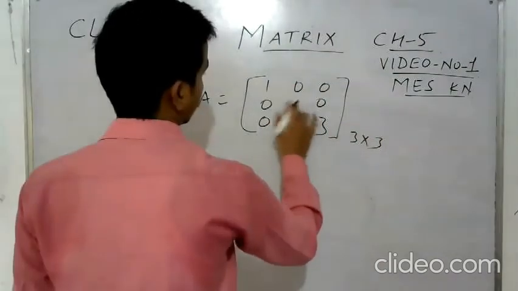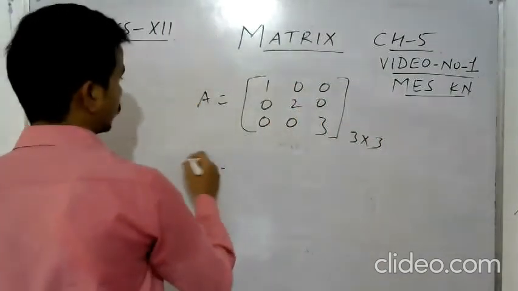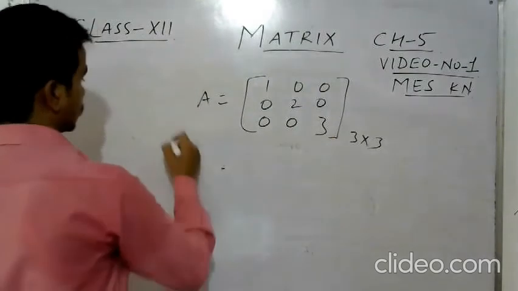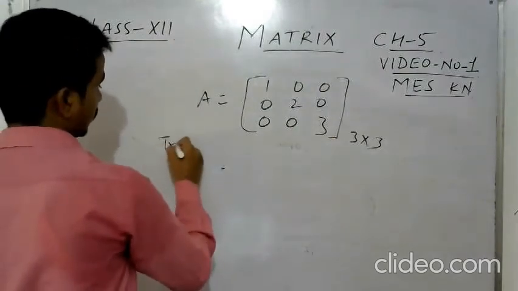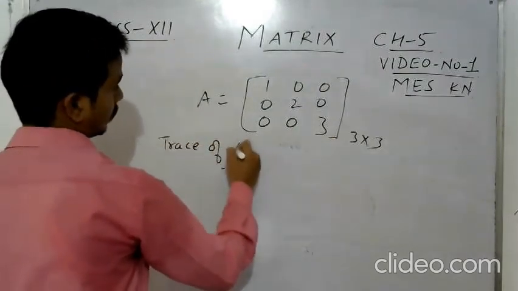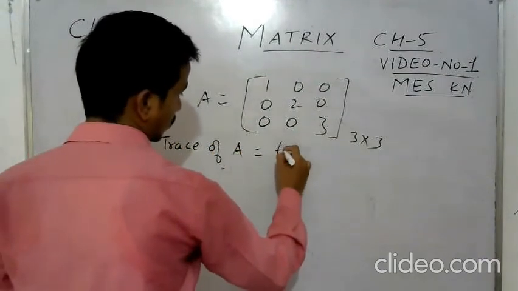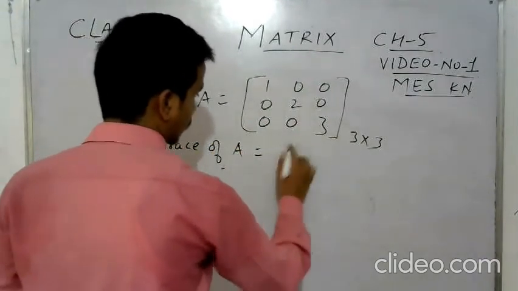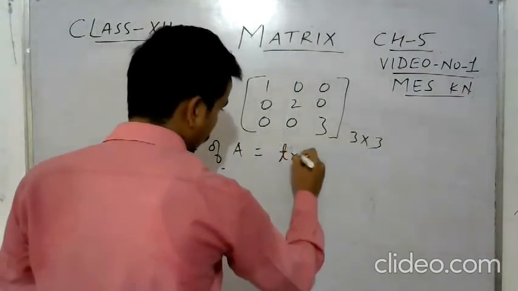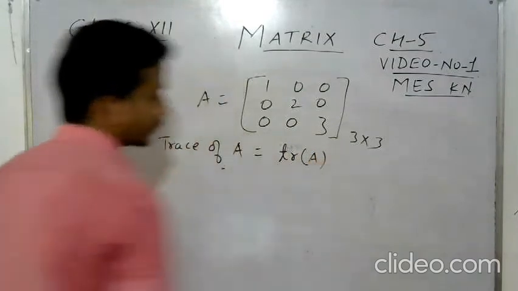Now we have to define what a trace is. What is the meaning of the trace of this matrix? The trace of matrix A is denoted by small t, small r. Just write tr(A). So what is the trace of A?